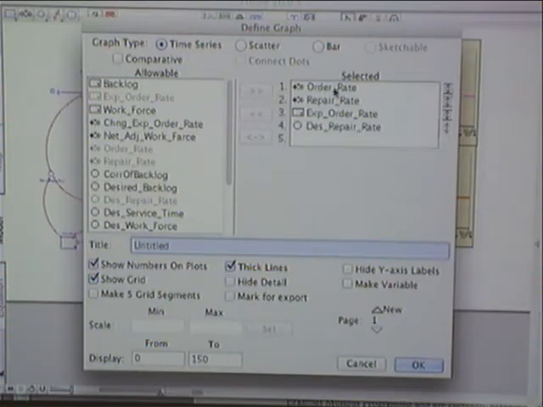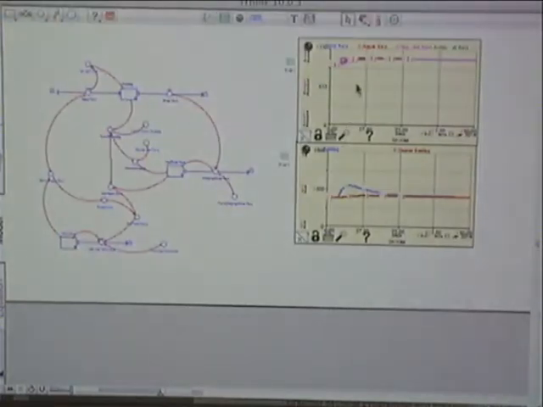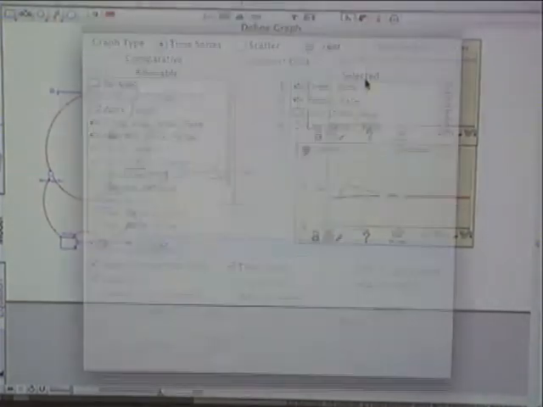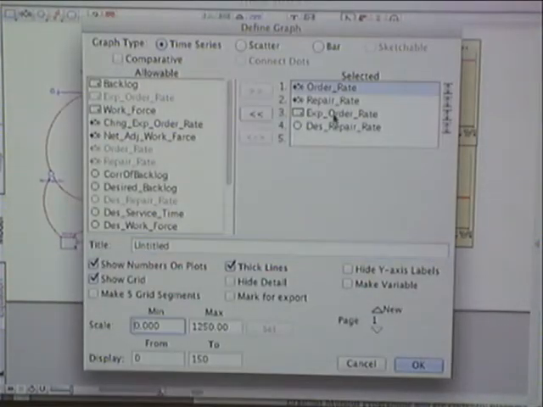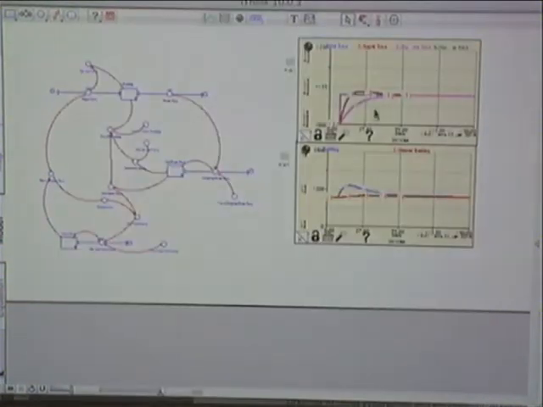And of course, we need to make sure that they are reported on the same level. I said 0 here, it should be 1,000 here. That'll make it better. Then I have the backlog and desired backlog.